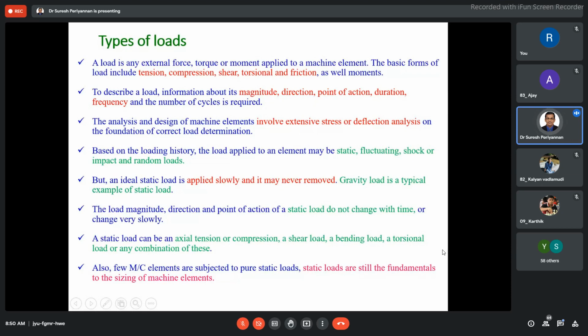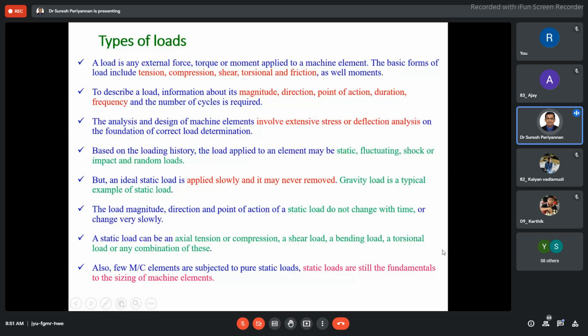Load is any external force, whether tensile, compressive, whatever it may be. The load is any external force, torque, or movement applied to a machine element. The basic forms of loads include tension, compression, torsion, shear or friction, as well as movements.